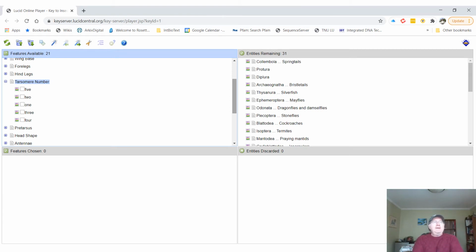So I kind of like Lucid keys for lots of reasons. I think you can even construct these on the fly. That was one of the dreams I had at one point, because we do our taxonomic work in a database application, the description part. So we have a taxon by character matrix, and we're saying what each taxon has in terms of the characters.